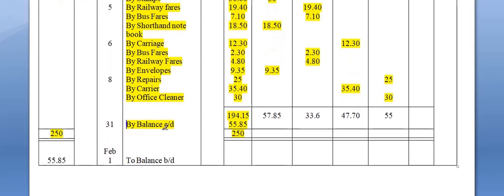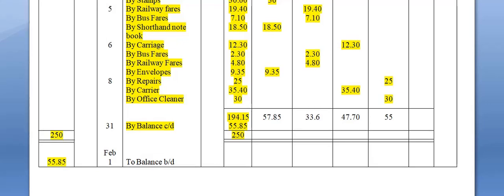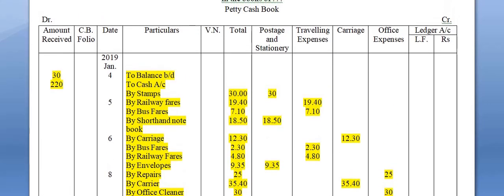And what you have to do is bring this CD down out here. You will write to balance BD on 1st of February. The balance is 55.85, so you will write 55.85 on 1st of February, to balance BD 55.85, and this completes your petty cash book. Question number 4.